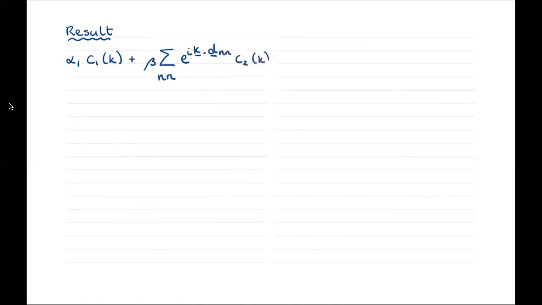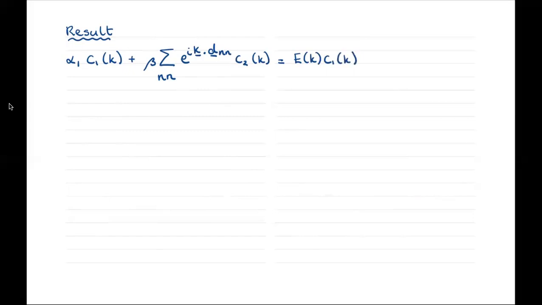Okay, so the result, when we do the pre-multiplication and integrate over all space, looks like this. We end up with two equations. The first one is alpha 1 C1 of k plus beta, sum over all the nearest neighbors e to the i k dot the nearest neighbor distance times C2 of k, is equal to E of k C1 of k.